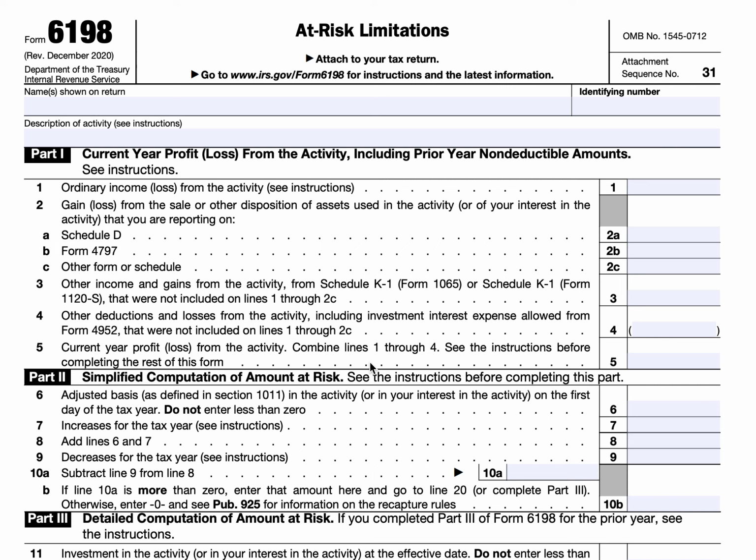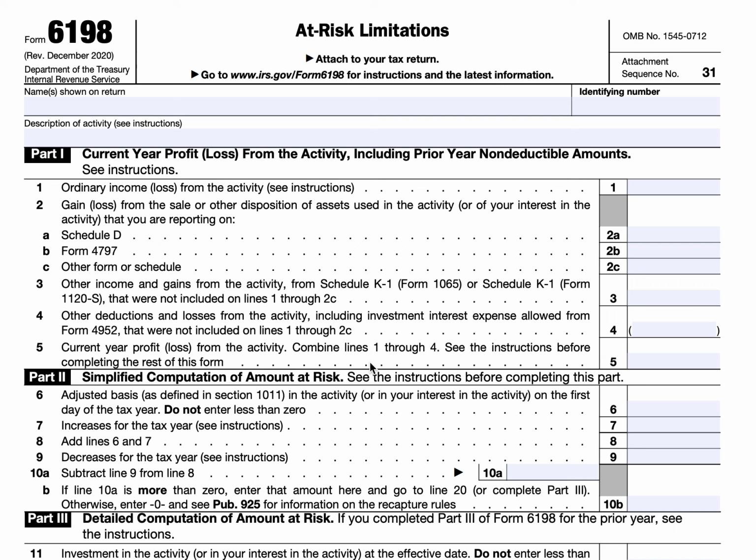First of all, who should file this form? According to the form instructions, individuals, estates, trusts, and closely held C corporations, as described in section 465A, would be the taxpayers filing 6198.